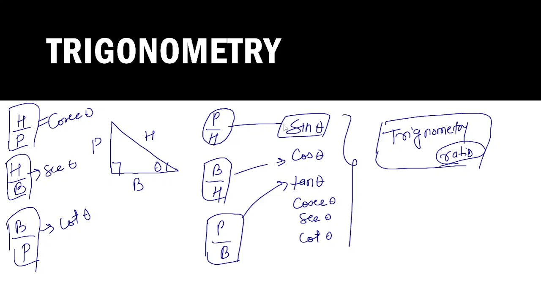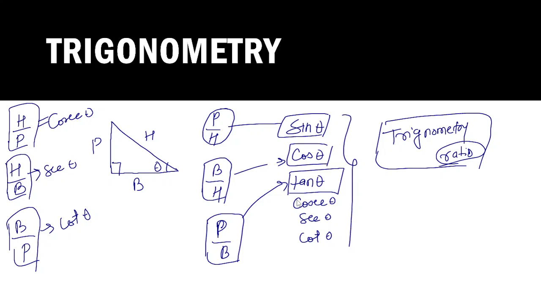And what is sine theta? Sine theta is the ratio of perpendicular and hypotenuse of right angle triangle. And what is cos theta? Cos theta is the ratio of base and hypotenuse of the right angle triangle which we have considered here. So what is tan theta?